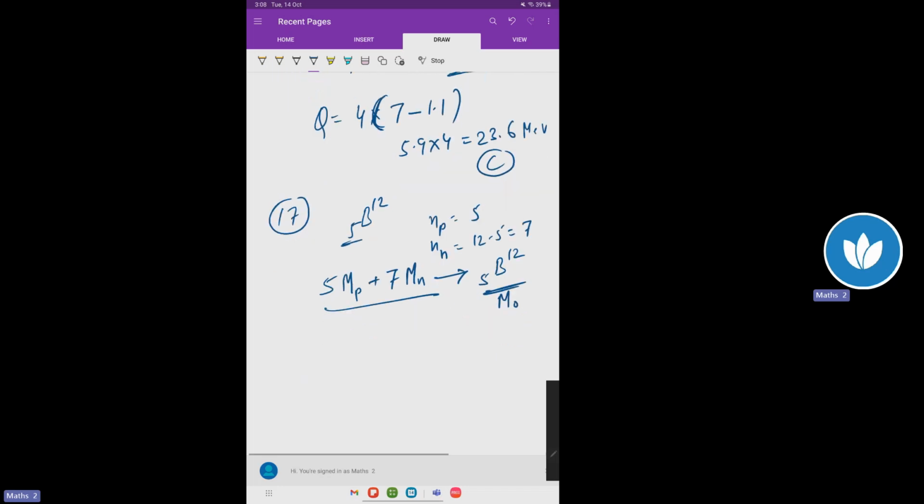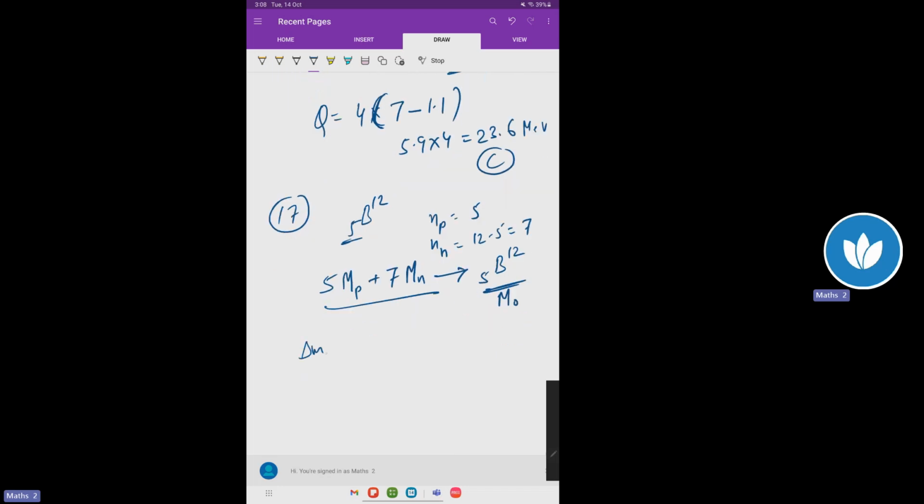So mass defect delta m is 5 mp plus 7 mn minus M naught, and energy is delta m into c square, equal to 5 mp plus 7 mn minus M naught into c square. Option A.